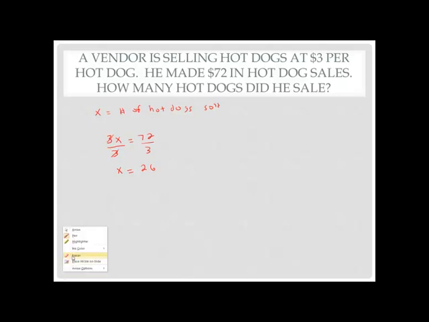Let's try that again. 24 hot dogs. The vendor sold 24 hot dogs. Okay, so you set up your equation and solve it.